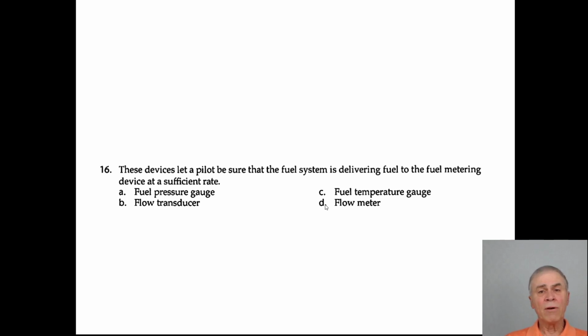The flow meter isn't a terrible answer either, which I believe flow meter even takes under its umbrella fuel pressure gauges. Nah, I'm going to stick with fuel pressure gauge.